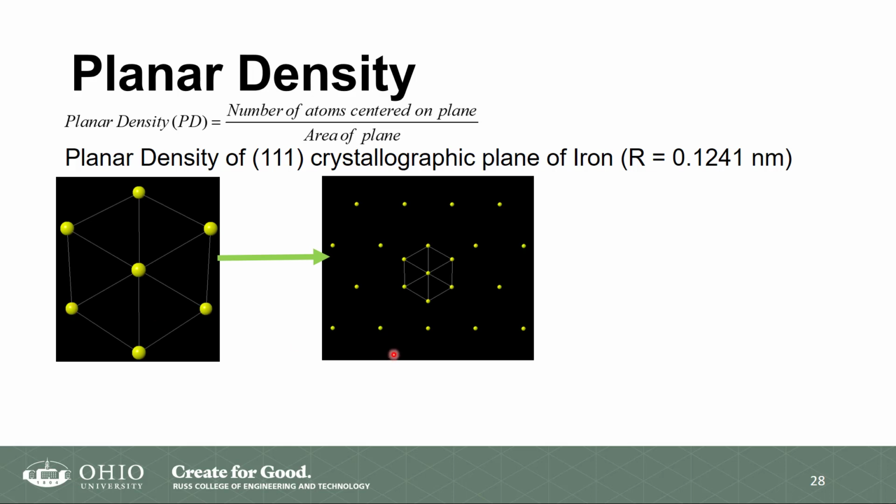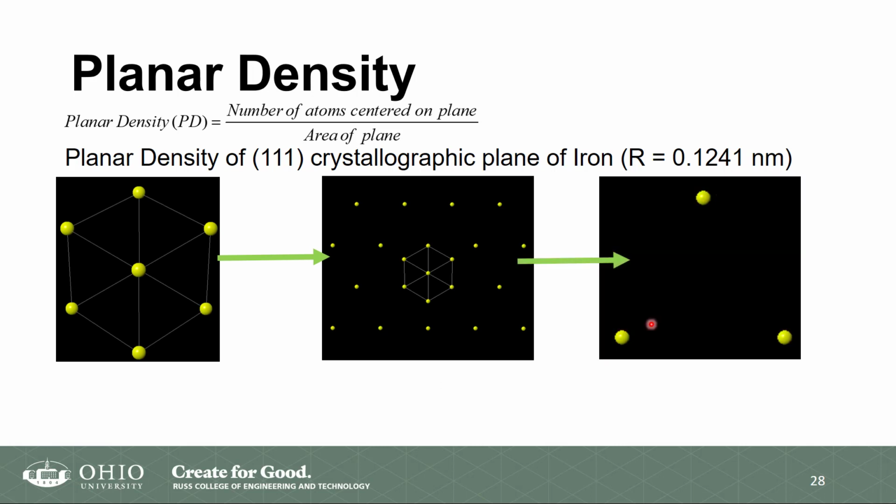When we zoom out, all of these show the 111 plane, and we end up with this triangle. For this triangle, each side is given by the square root of 2 a, based on the fact that we have this diagonal, which is related to this side a and this side a.